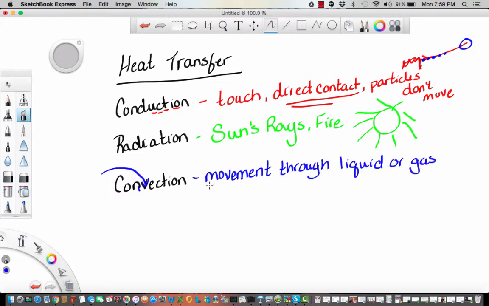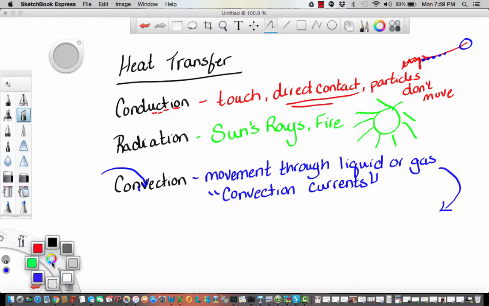We call these convection currents. You're going to heat your house with a convection current. So the cold air is going to sink. You're going to find these little swirling arrows on your quiz. Anywhere you see an arrow going up and an arrow going down is going to be convection.